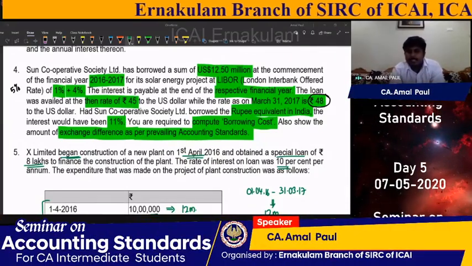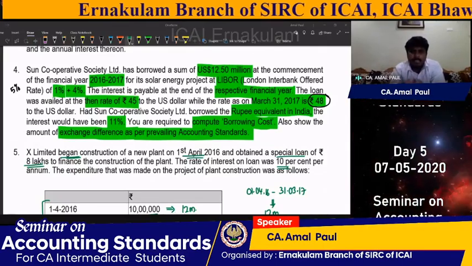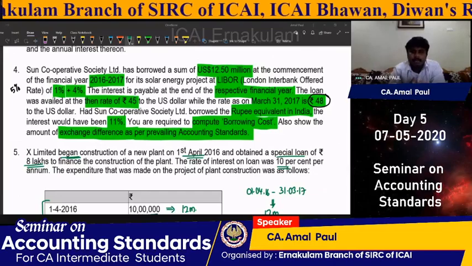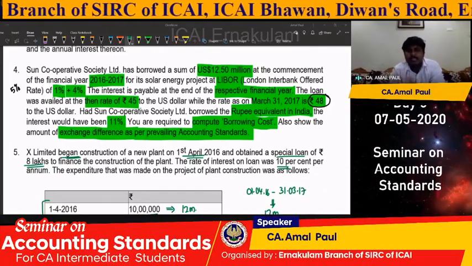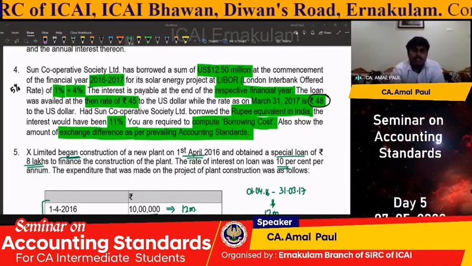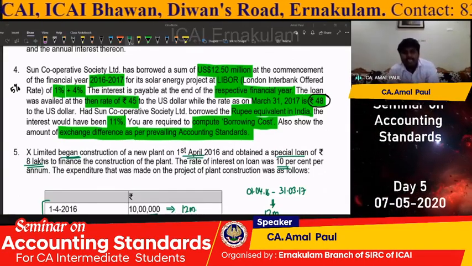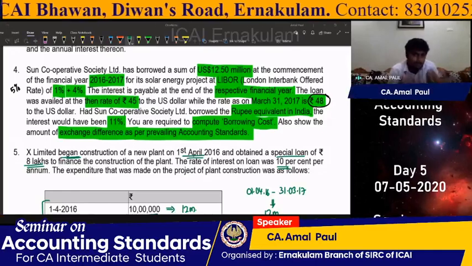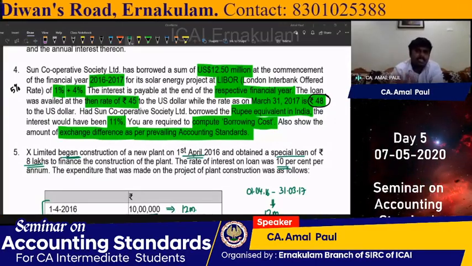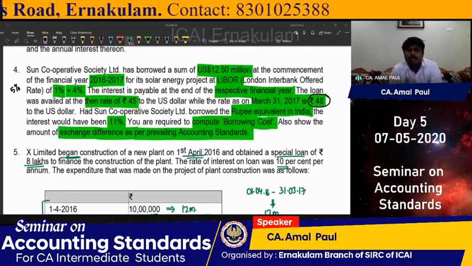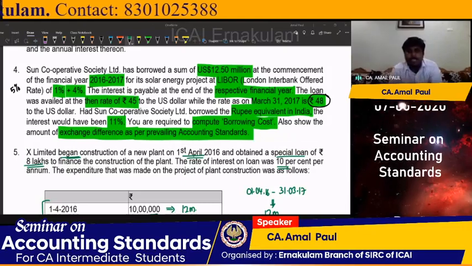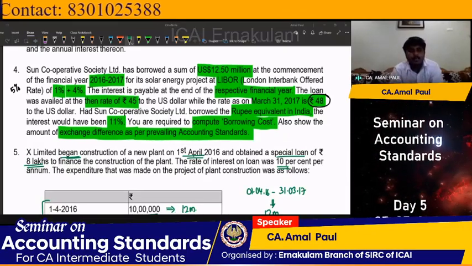So this is your first group accounting standards: AS 1, 2, 10, 11, 12, and 16. These standards alone constitute around 20 marks. Cash flow and investment accounting, both these areas are asked separately. Apart from this, these six standards alone constitute around 20 marks in your examination. So this is an important area from your examination point of view as well.